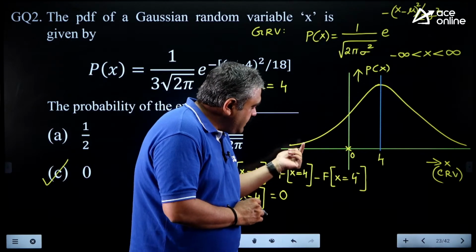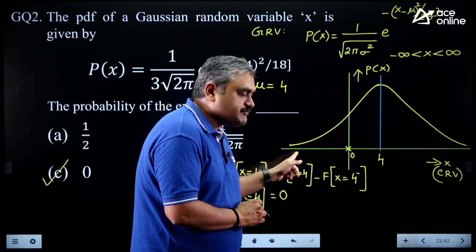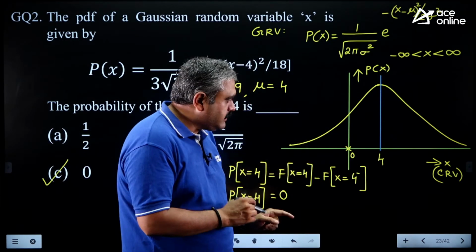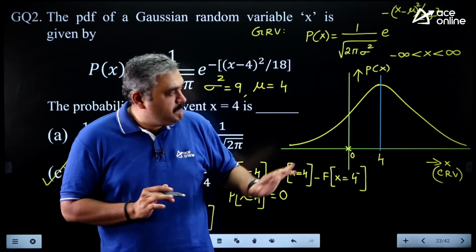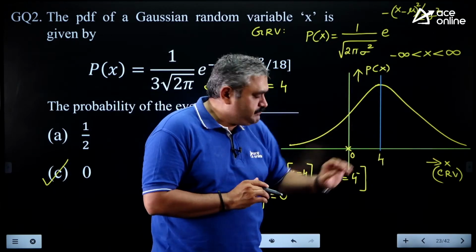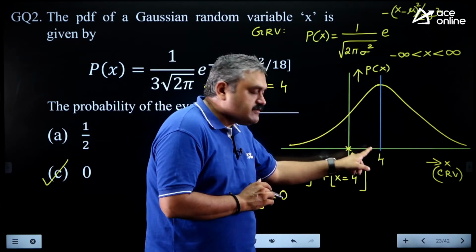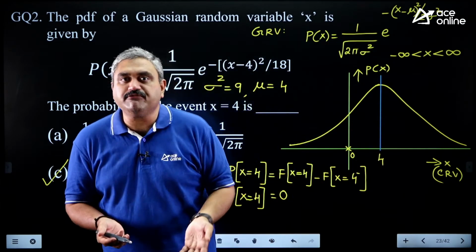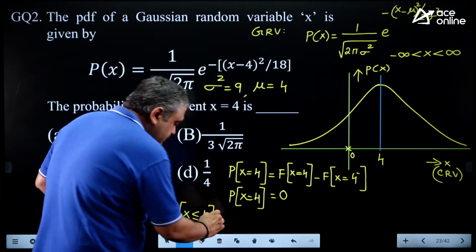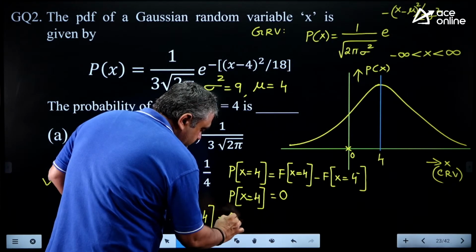So, if you take the area from the density function from minus infinite up to 4 or from 4 to infinite, the values should be same. Because the total area is 1, if you take area from minus infinite to 4 or from 4 to infinite, the value should be half. That means this answer which you will get will be 0.5. Finish.